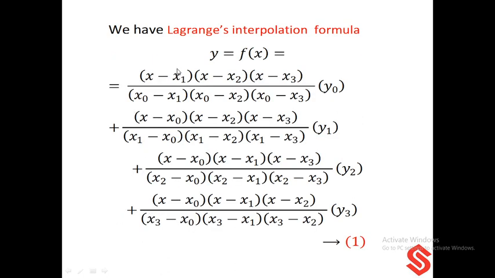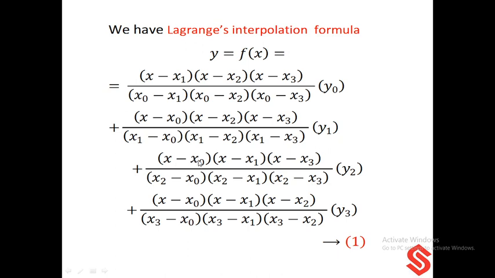So first you write the Lagrange's interpolation formula. So y = f(x) = (x - x1)(x - x2)(x - x3) divided by (x0 - x1)(x0 - x2)(x0 - x3) into y0, plus (x - x0)(x - x2)(x - x3) divided by (x1 - x0)(x1 - x2)(x1 - x3), that multiplied by y1.